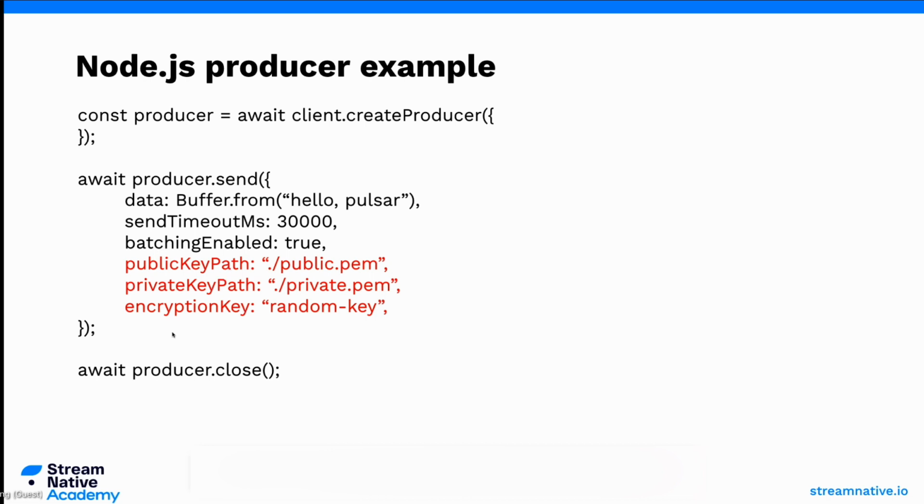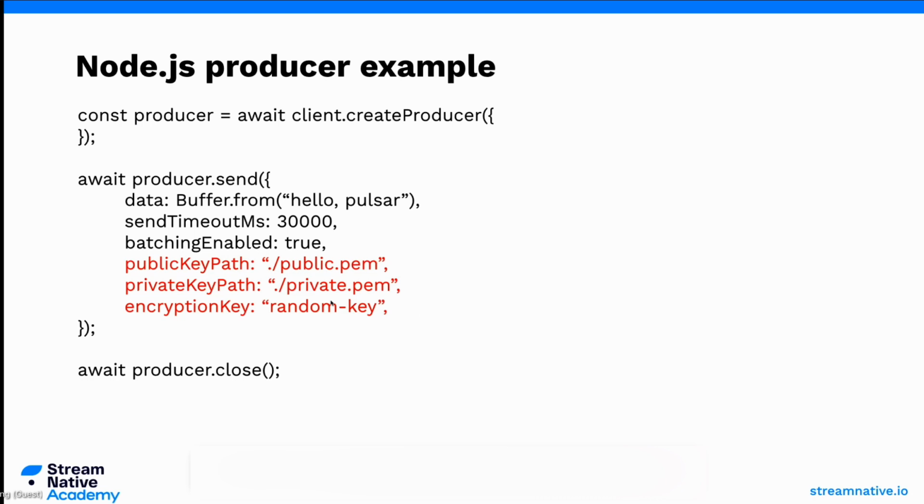The highlighted part: public key, private key, and encryption key. This is end-to-end encryption. Your message is encrypted by the producer, and the broker will not decrypt your message. Everything is treated by the broker as binary.